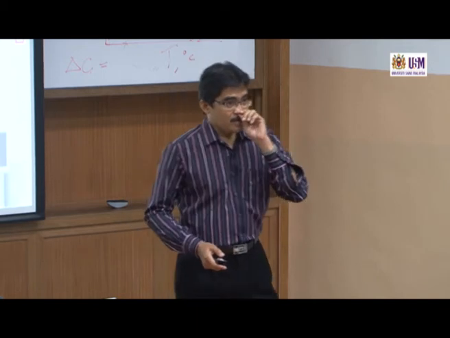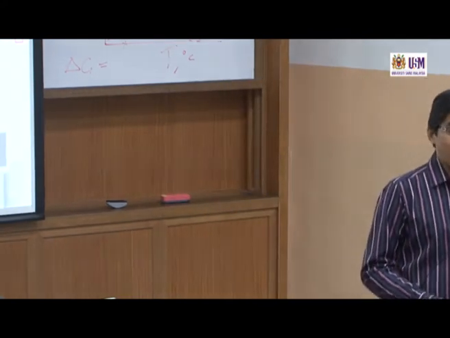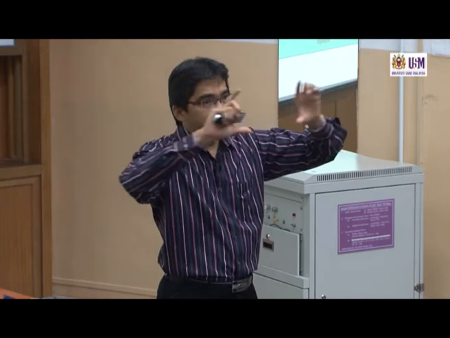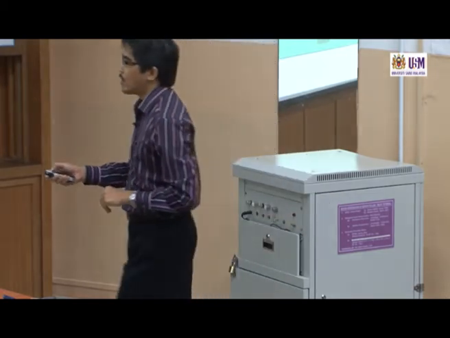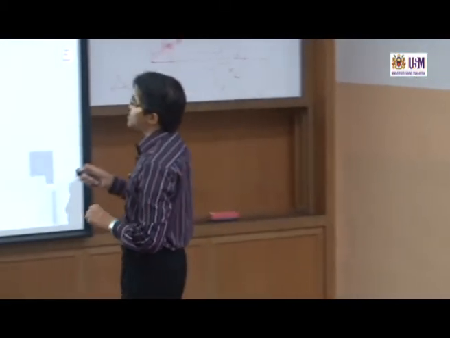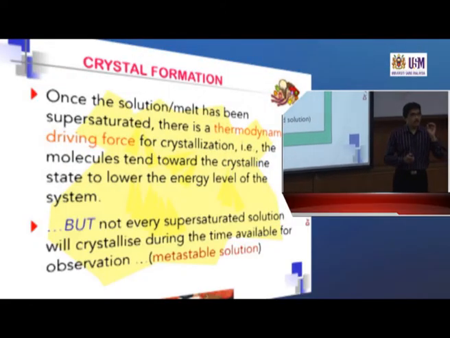Faham tak? Technically, when the solution is in the supersaturated state, we should be able to start the process of crystallization. But sometimes we don't get it, although the solution is in the supersaturated state. So there is a certain region, satu kawasan, satu area in the solubility curve where the solution is in the supersaturated state, but crystallization cannot happen.